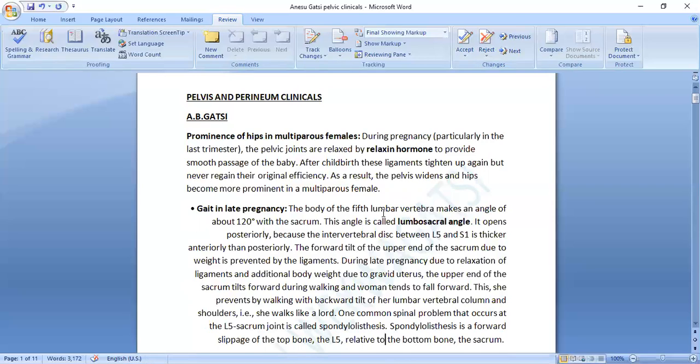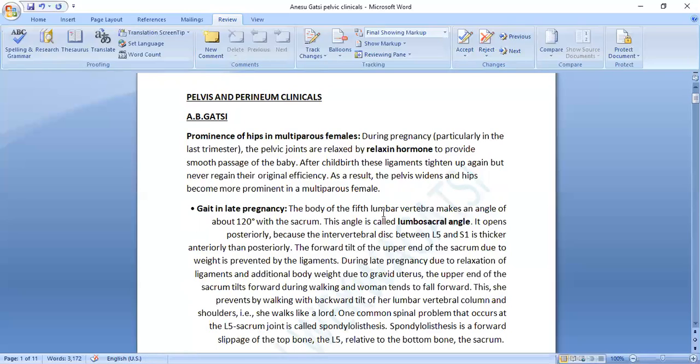That means that relaxation of these ligaments and the additional body weight added due to the uterus will result in the upper end of the sacrum tilting forward during walking. So you then realize that these women tend to fall forward, right? Their bodies tend to sort of fall forward.